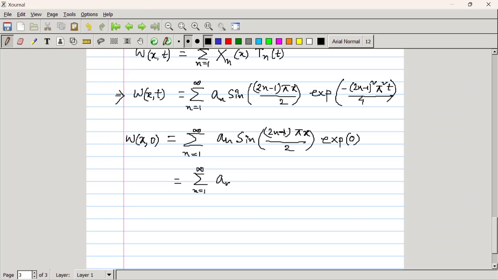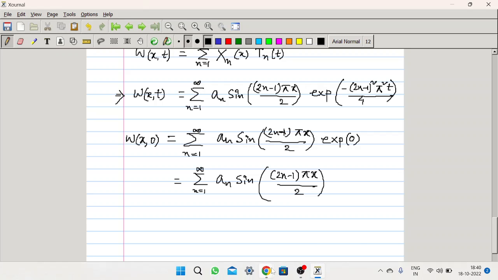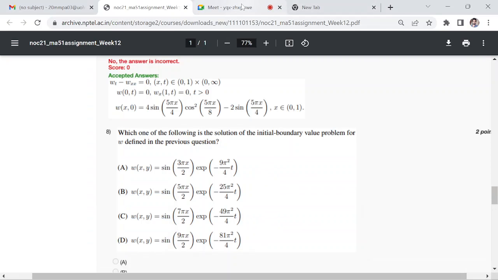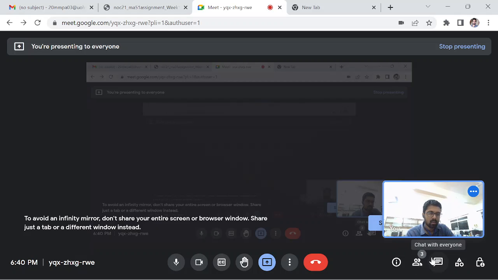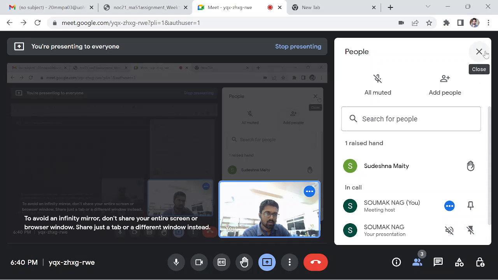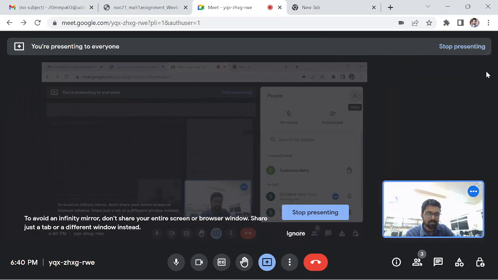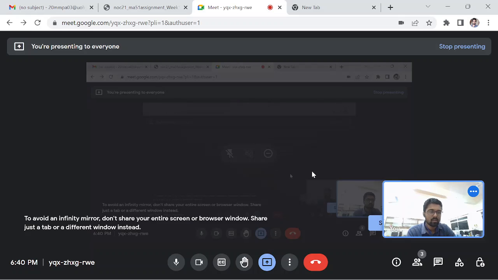So I got only a n sine (2n minus 1) pi x by 2. Up to this, is it clear for you?